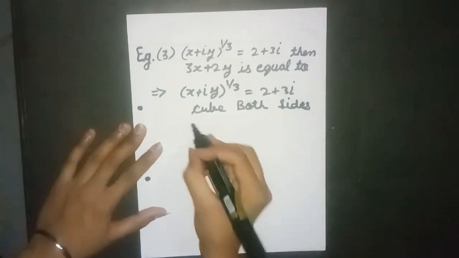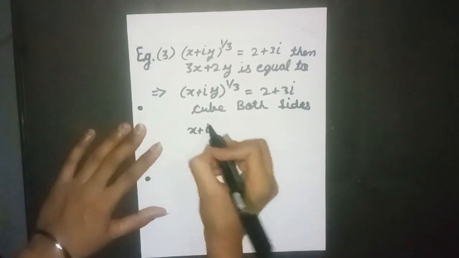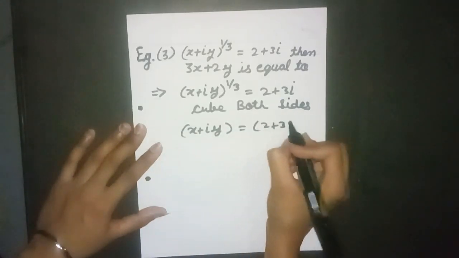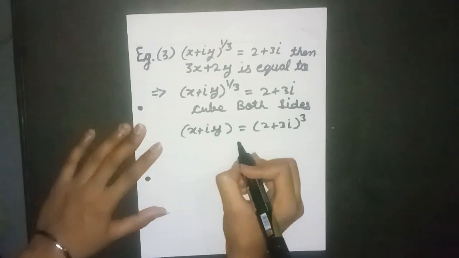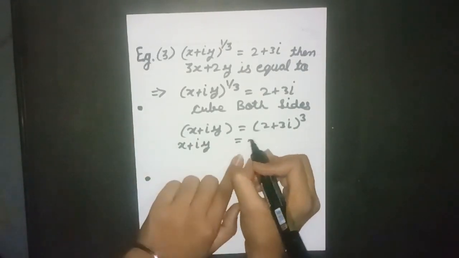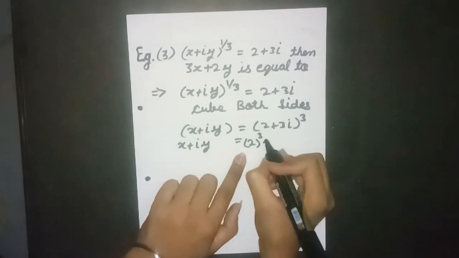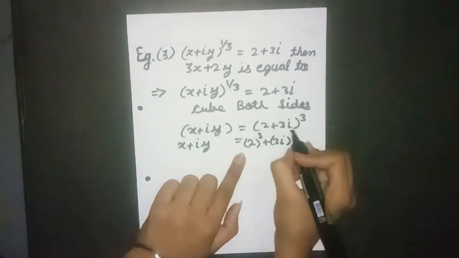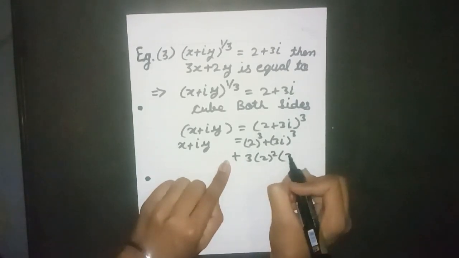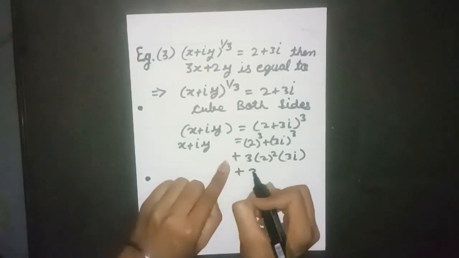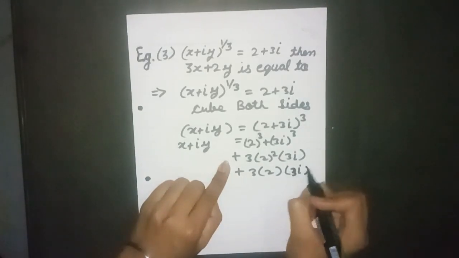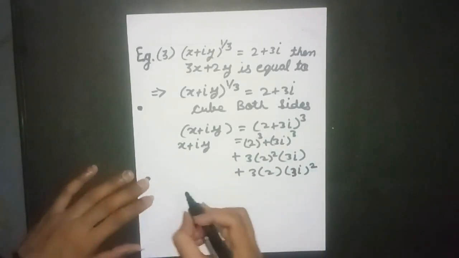We will get x plus iota y that is equal to 2 plus 3 iota raised to power 3. Now let's use the identity: 2 cube plus 3 iota cube plus 3 times 2 square times 3 iota plus 3 times 2 times 3 iota square, right?